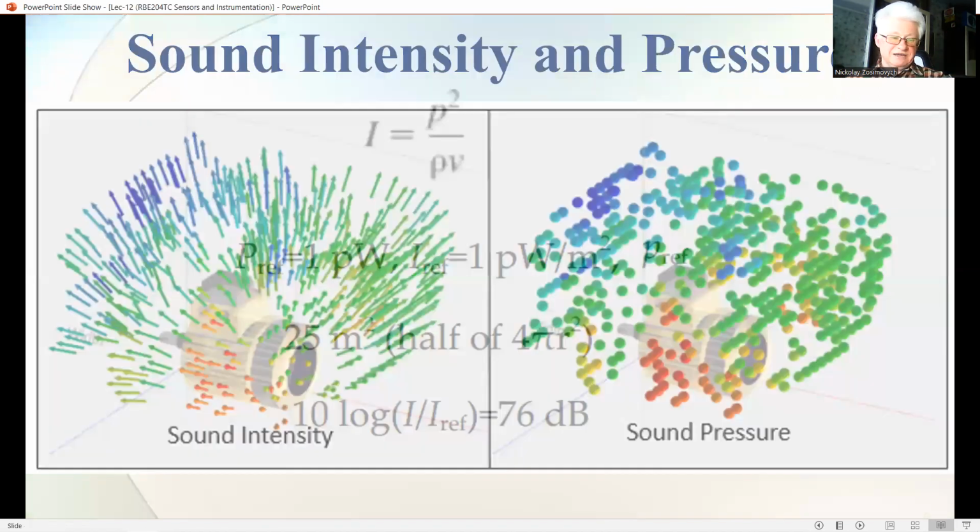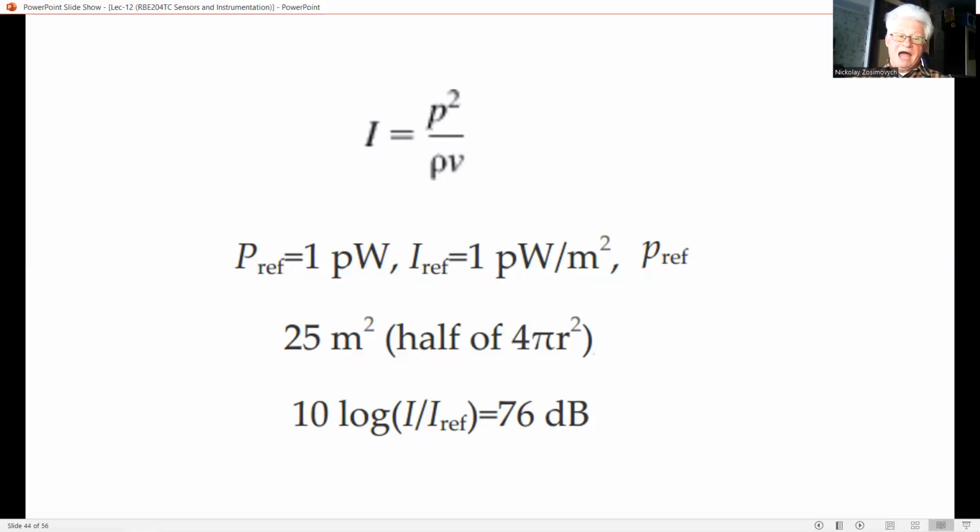The intensity is the time-averaged product of these two parameters. It may vary from zero when the two signals are 90 degrees out of phase, to maximum at in-phase signals.